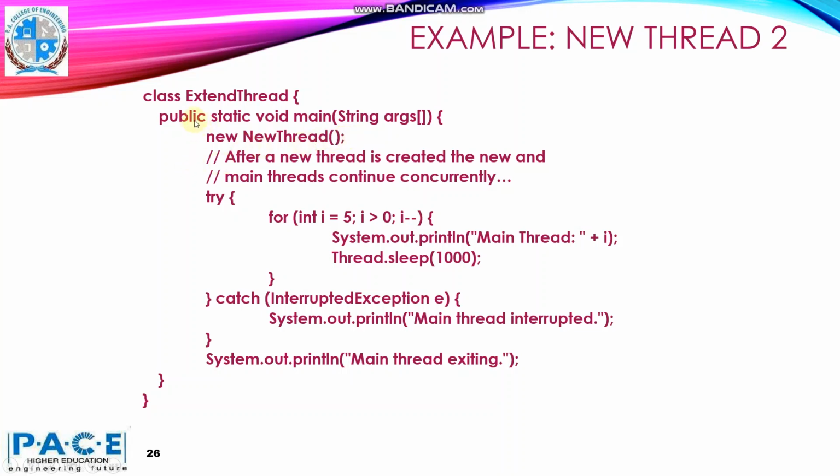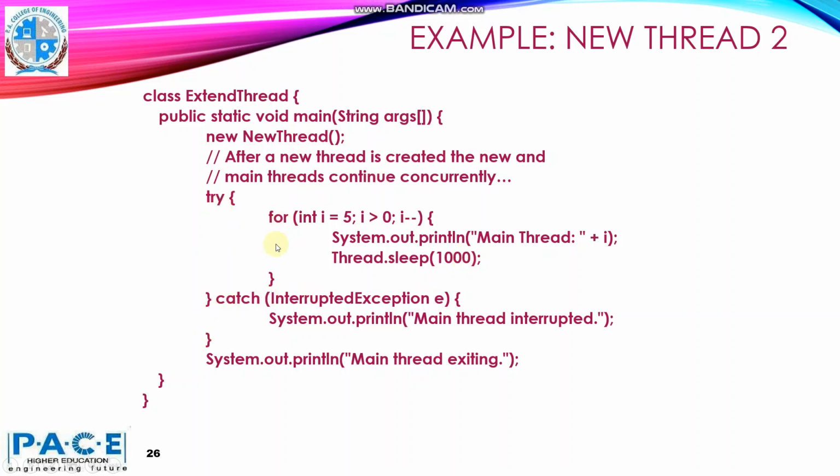The main thread which creates this child thread comes over here. At this point, both the main thread and the child thread continue concurrently. The main thread executes this code and the child thread executes the code of the new thread's run method.